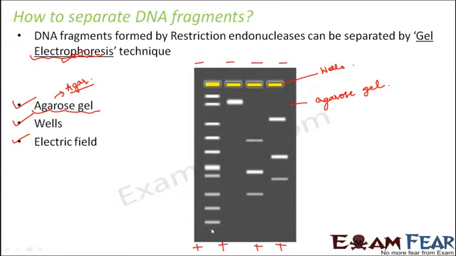So the lighter fragments tend to move more and the heavier fragments tend to move less. This side you have the heavier fragments, this side you have the lighter fragments, and this is how you are able to separate the DNA fragments. So the smaller the fragment, the farther it moves. That is how the structure of gel electrophoresis works.